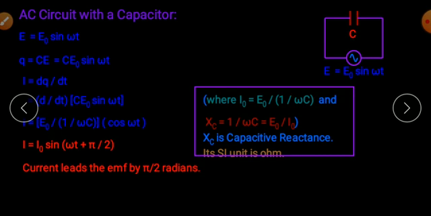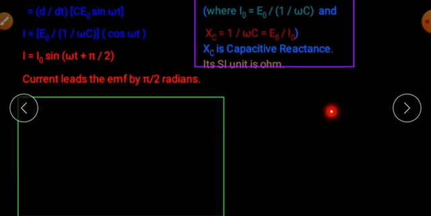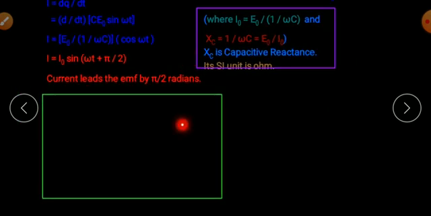Or we can say the EMF lags behind the current by a phase angle of pi by 2 or 90 degrees. This means that when the EMF is 0, the current is maximum, and this figure shows the phase relationship graphically.